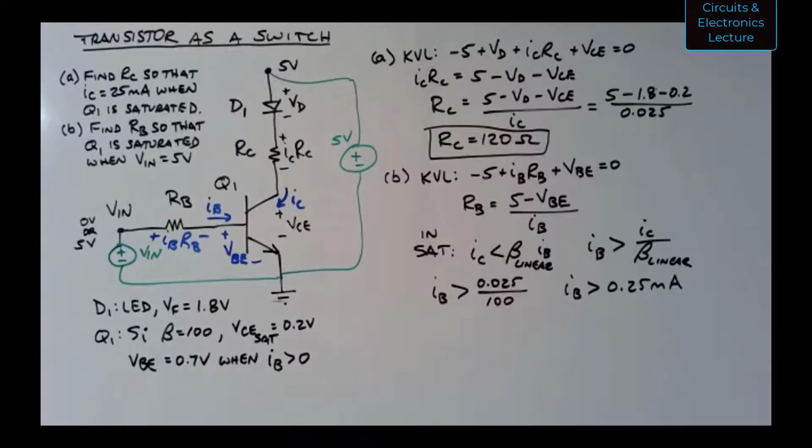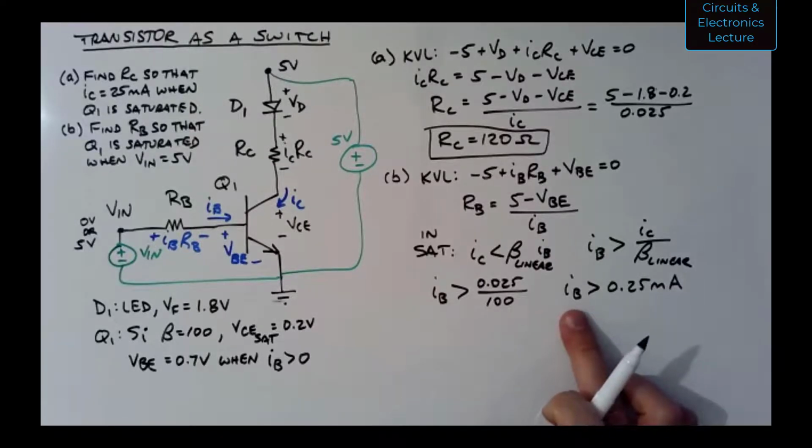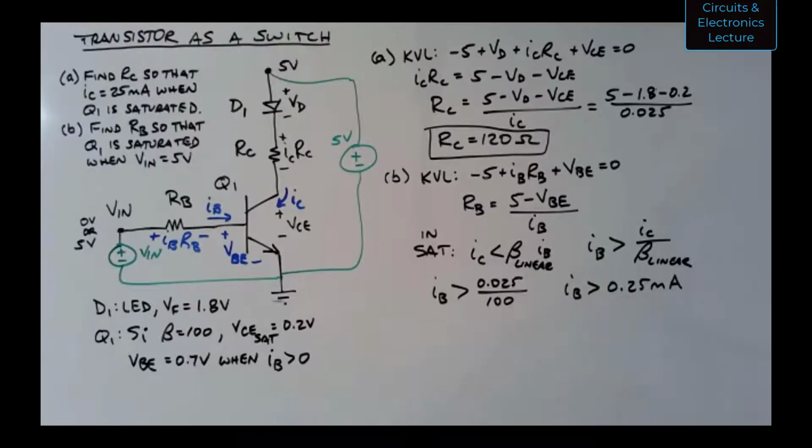Here is where you can use some engineering judgment to choose a value of IB. We know IB has to be greater than 0.25 milliamps. That's a given. So what about 0.26 milliamps? Well, that might work. Let's talk about some practical considerations of a transistor. For a homework problem, it would work just fine if you used 0.26 milliamps.